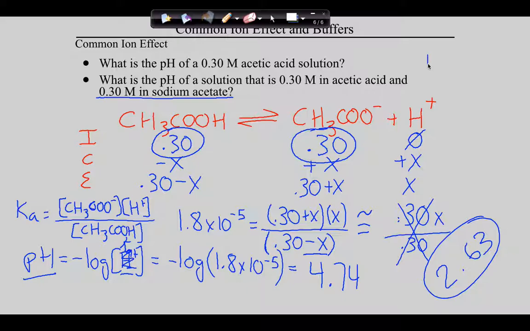So guys, it goes like this. You're going to want to scratch this down with me. Because the brackets mean molarity, if the molarity of the weak electrolyte equals the molarity of the salt, then pH is equal to pKa. pH is pKa.